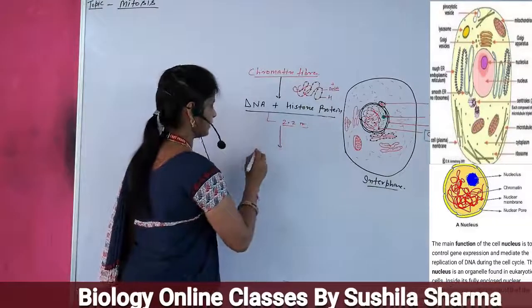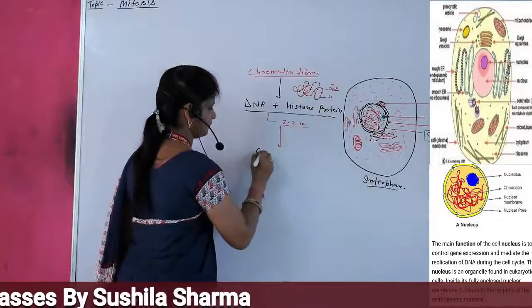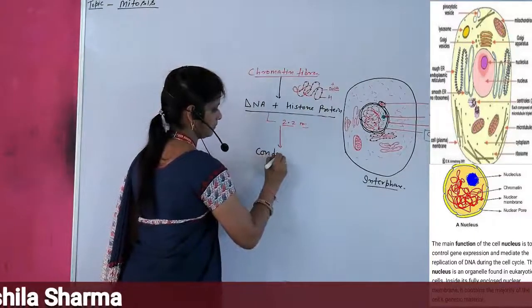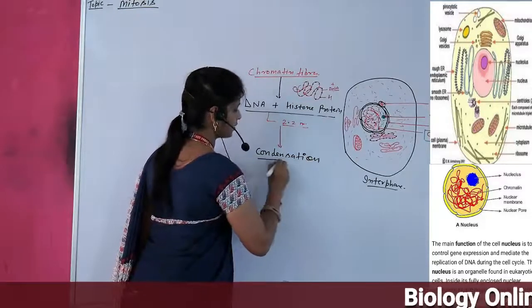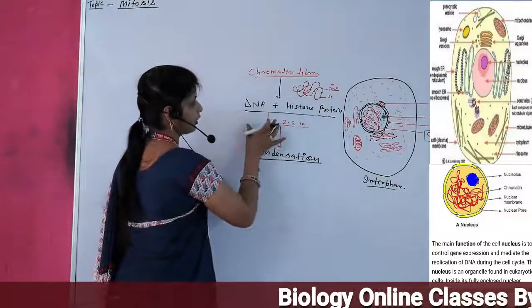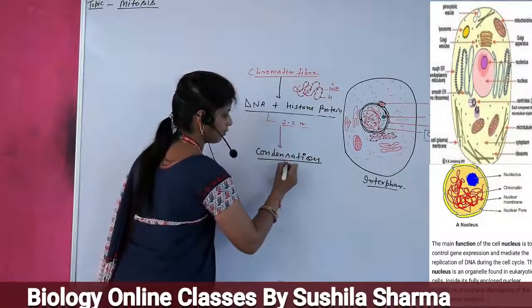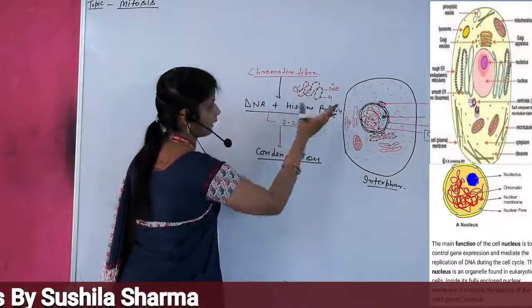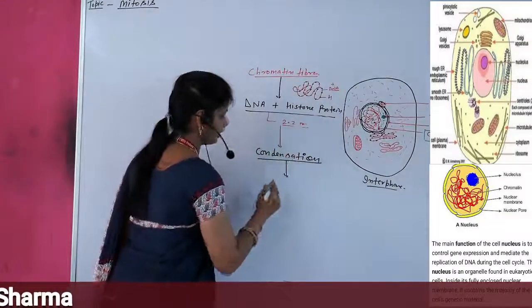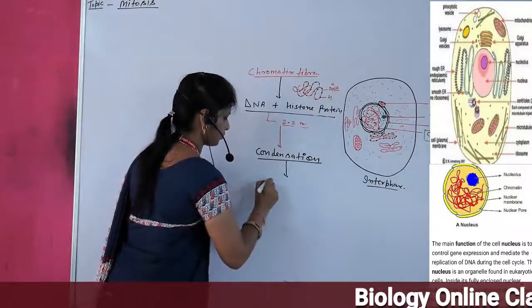During mitosis division, the condensation process is carried out, and these chromatin fibers condense and form small rod-like structures called chromosomes.